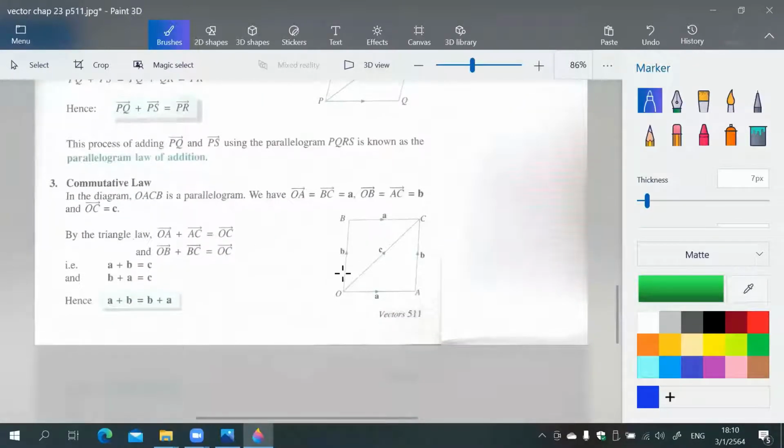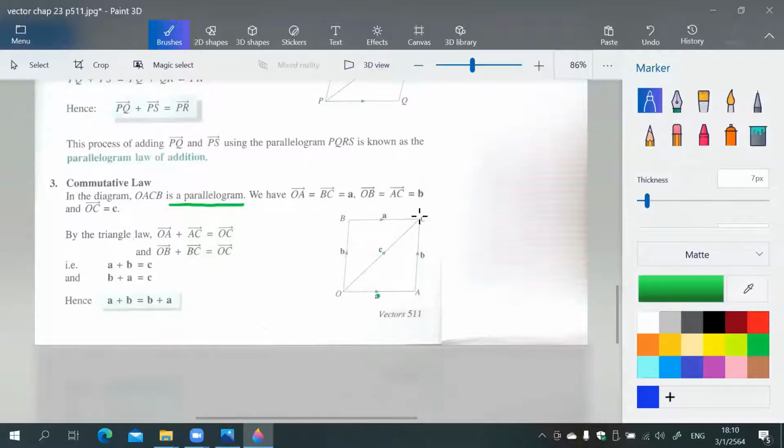We know this one, OACB, is a parallelogram. So we know right away vector OA equals vector BC and vector OB equals vector AC. So in this case, if we give OA equal to vector a, and AC equal to vector b, then OC equal to vector c, then we consider the triangle OAC.